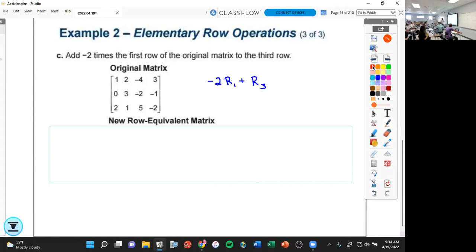So the first thing that I would do is I would say, well, I want to take -2 times R sub 1. So let's do that real quick. What would row 1 be if I took -2 of it? Okay, now, am I changing row 1 for my answer? No. But I'm going to use those numbers to combine with row 3, right? So what's row 3 going to end up being?